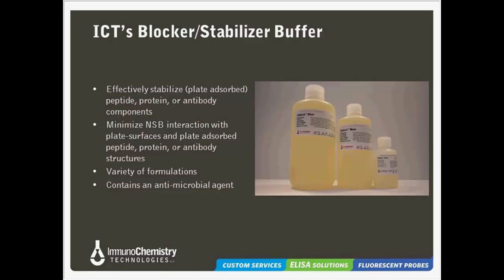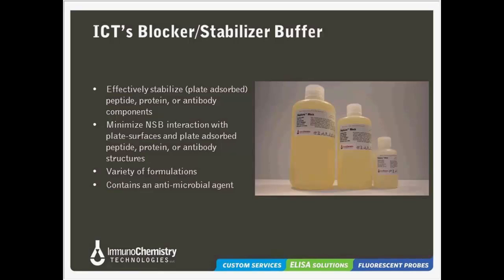These blockers are made so that you can make a whole bunch of plates at one time, so they're all consistent as far as precision goes. Then you can block them all, dry them down, store them at 2 to 8 degrees C, and a year from now, they should still work.